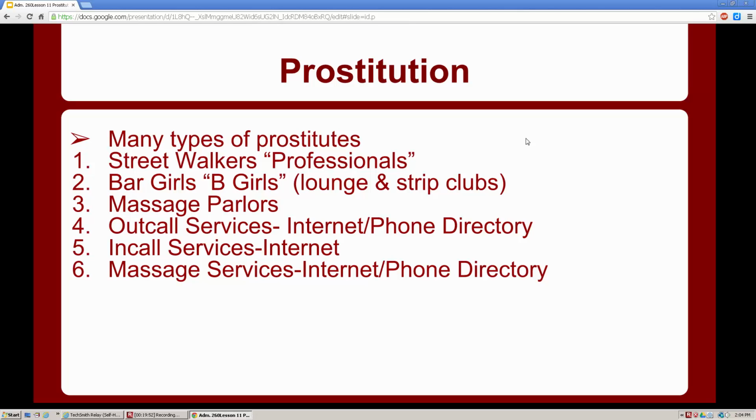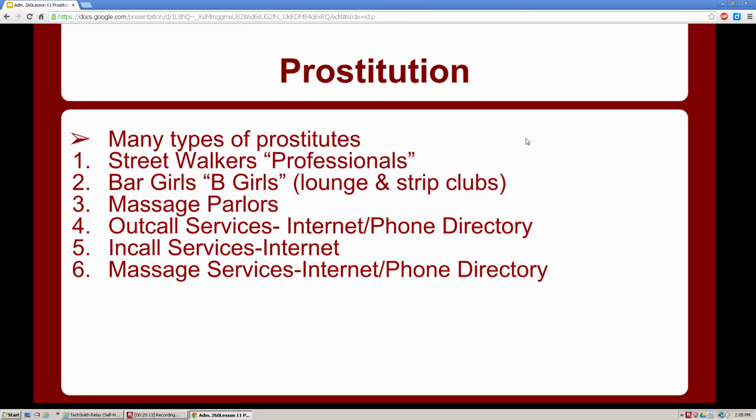Then you have bar girls, or what you call B girls, or B guys, I guess. They're the ones that work lounges, cocktail areas, strip clubs, bars, that type of thing, where they can operate out of the establishment. You have your massage parlors.